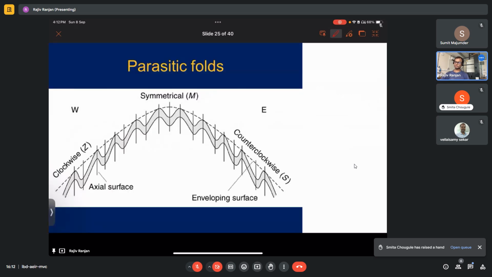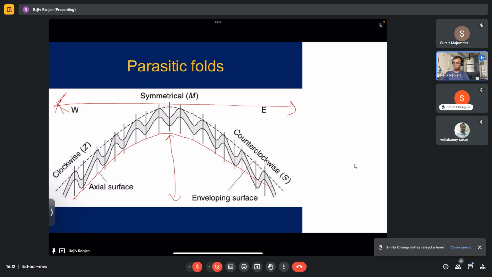And one more thing: you can see that the larger fold has higher wavelength and higher amplitude. However, the higher order fold has a smaller wavelength and a smaller amplitude. I think now you will be able to solve this question.